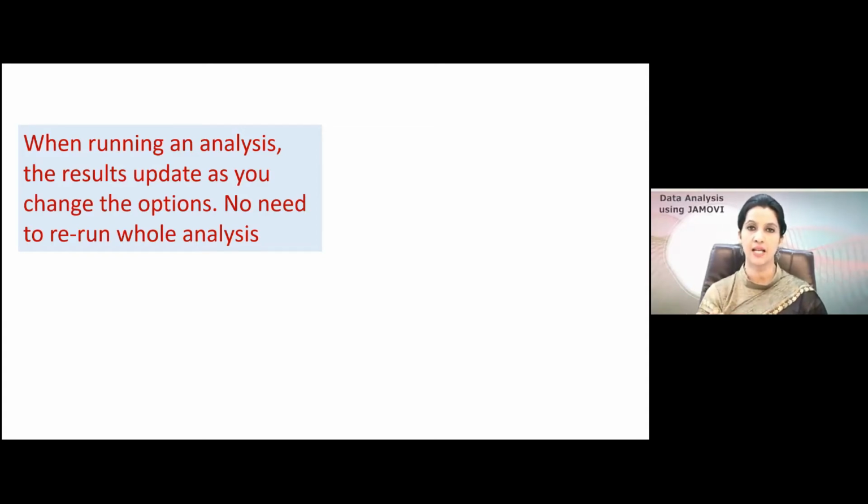While in Jamovi, we will see that when we run an analysis, the result gets updated, and it is a very dynamic platform. That means once you change the command, the whole output will change, so you don't need to rerun the whole analysis. The second is it saves time in table formatting, because most of the output is in the form of an APA style table.